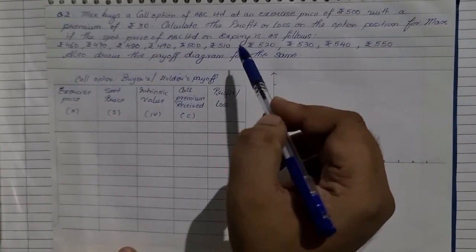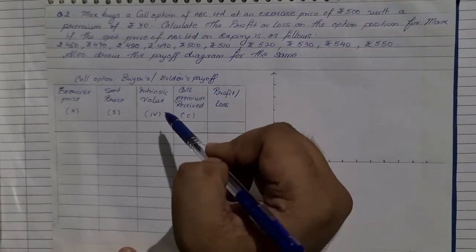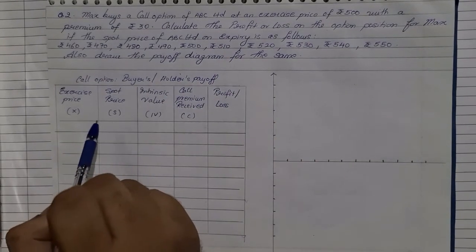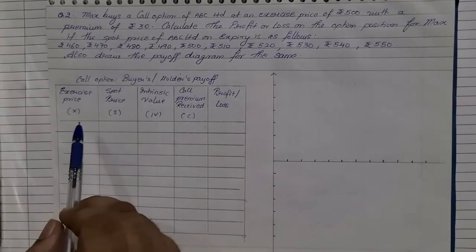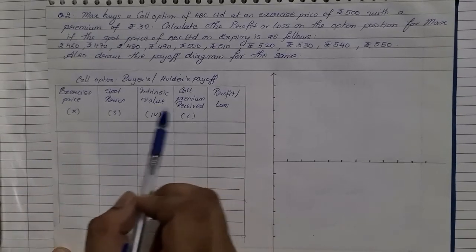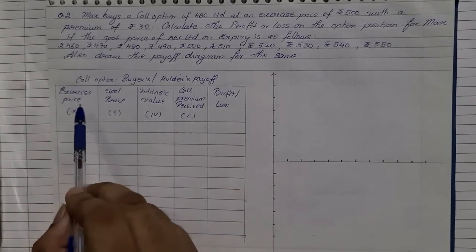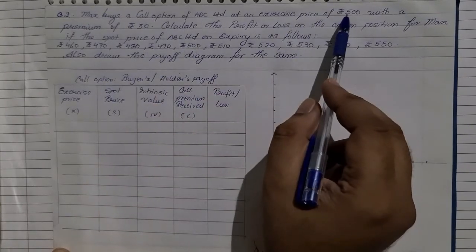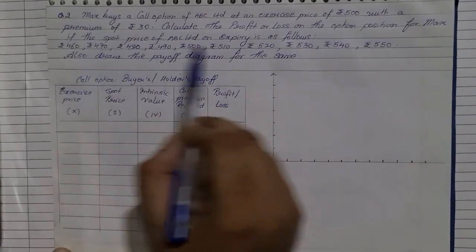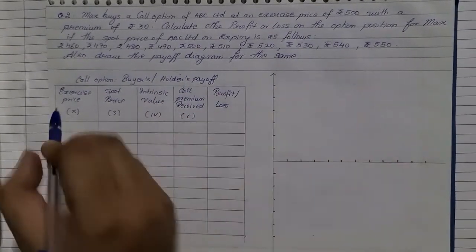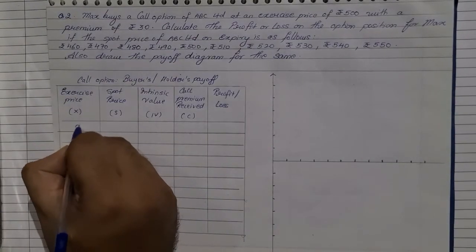Now let us see how to solve this sum using first the tabular method. Under the tabular method, we have created a table having 5 columns. The very first column has exercise price, which is 500 as per the sum. Since there are 10 spot prices, I'll note down rupees 500 at all the 10 places.